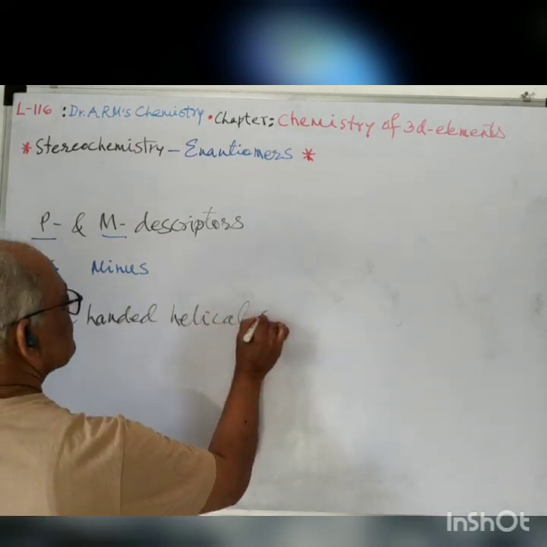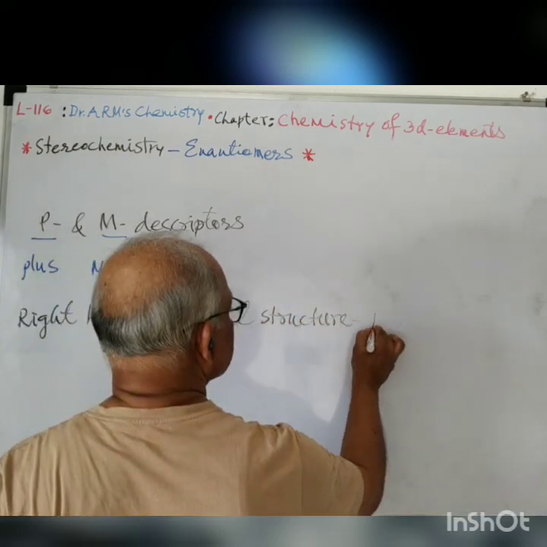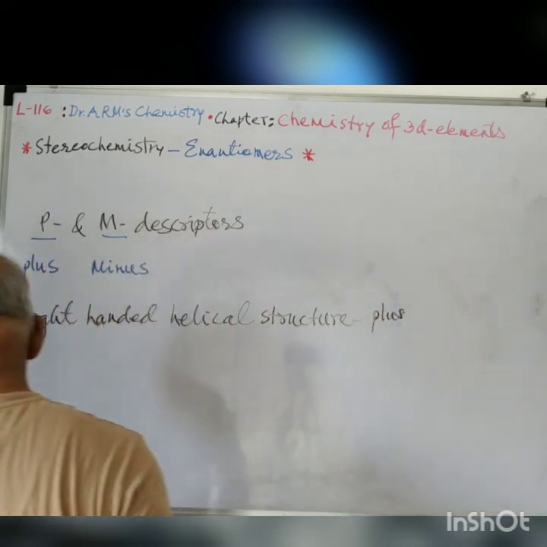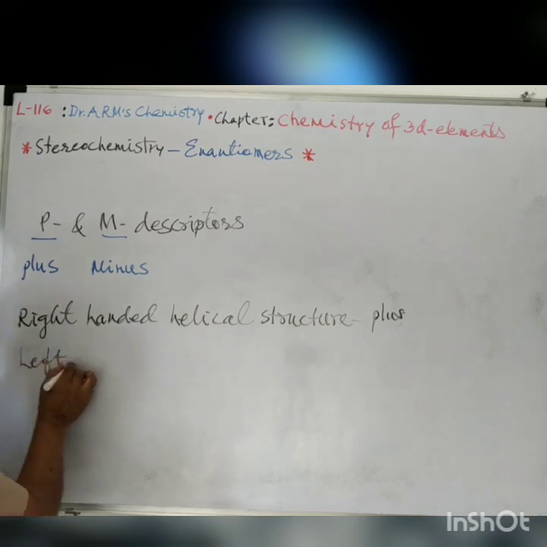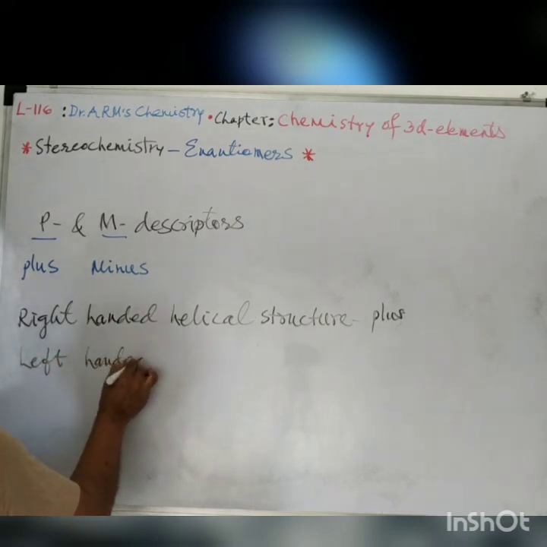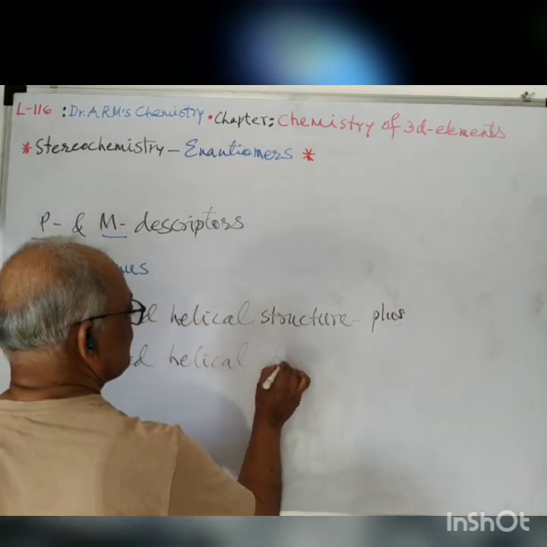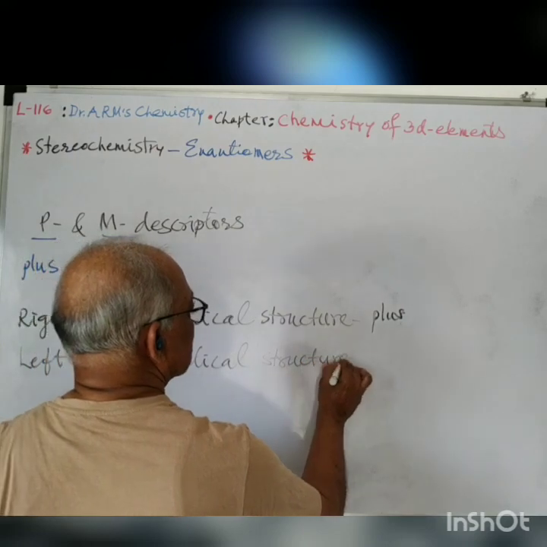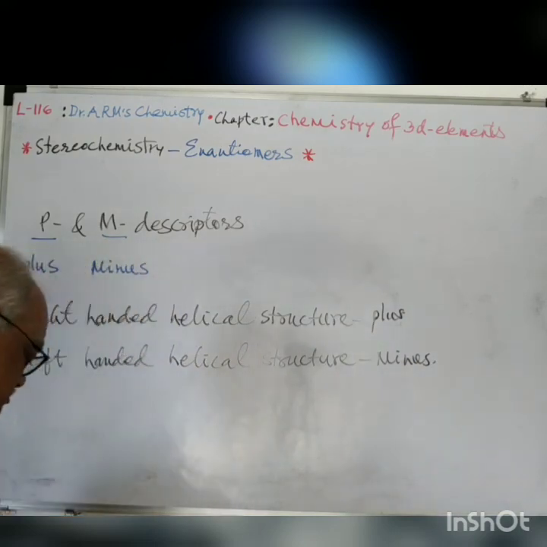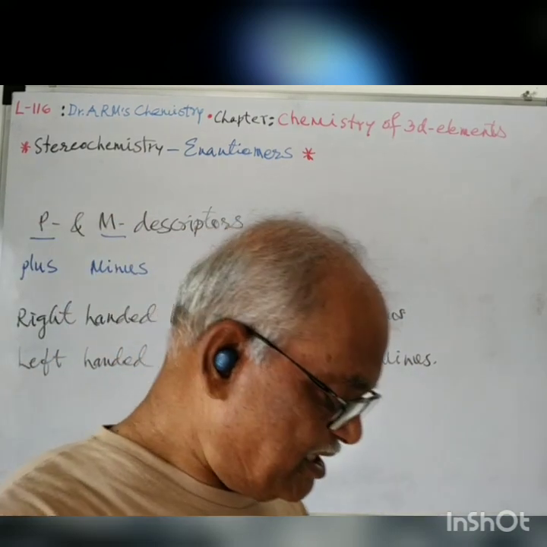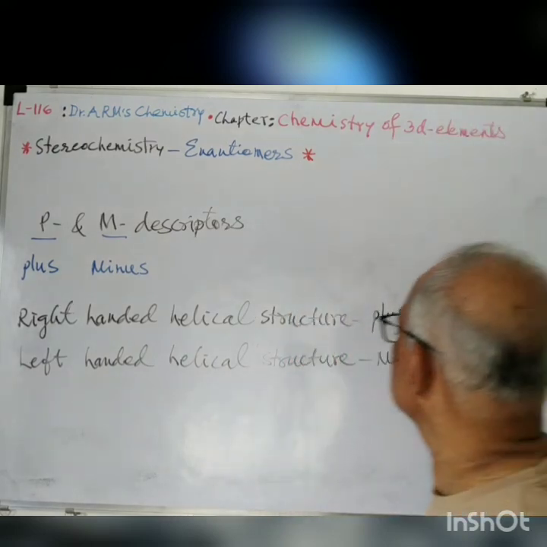is called plus, and the left-handed helical structure is called minus. So we can see the example so that it will be easily understood.